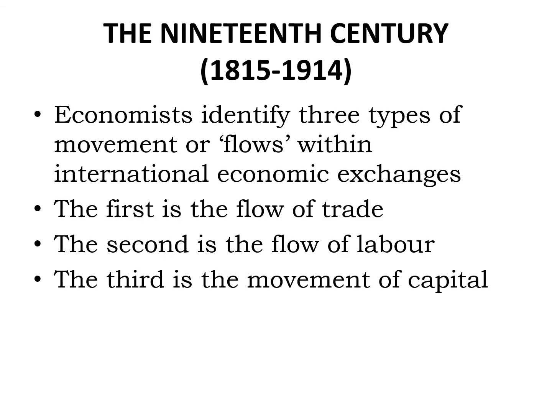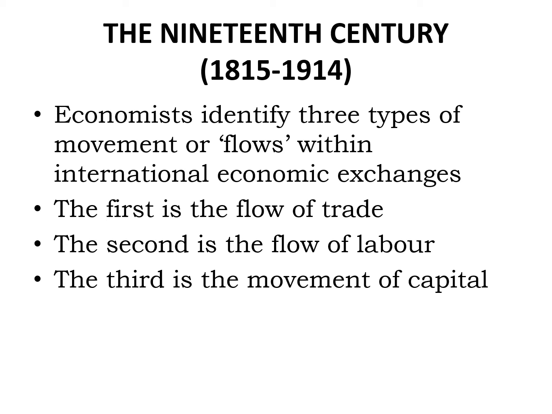In the 19th century, economists identified three types of movement in the world. One, the flow of trade. That means exchanging of goods and services. The second one is the flow of labor. That means people started moving from one country to another country for jobs. And the third one is the movement of capital.